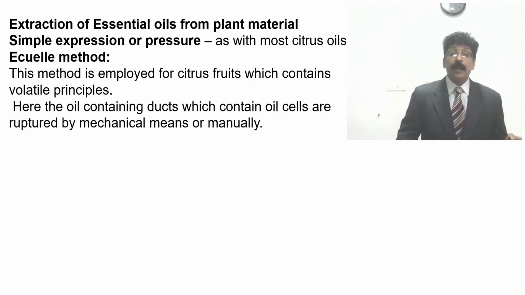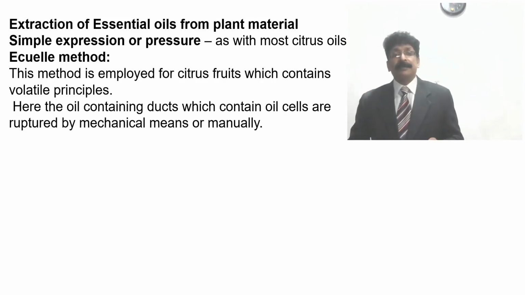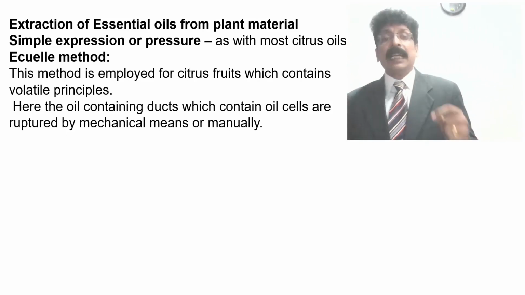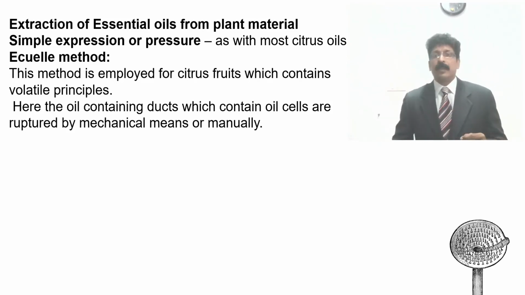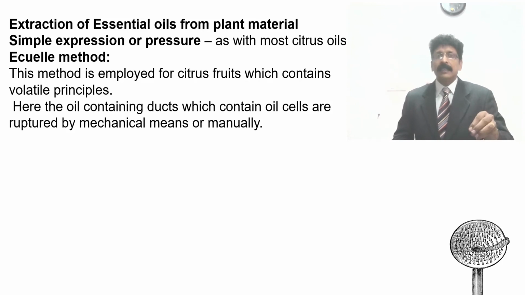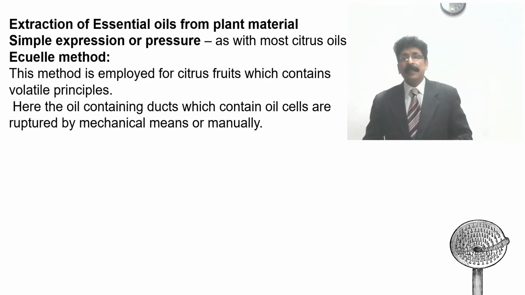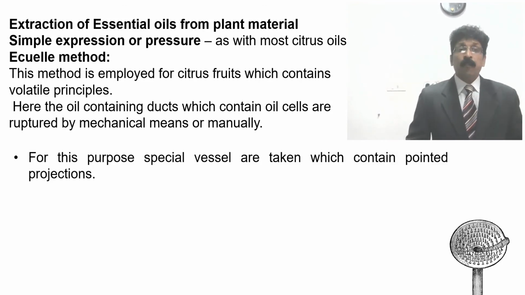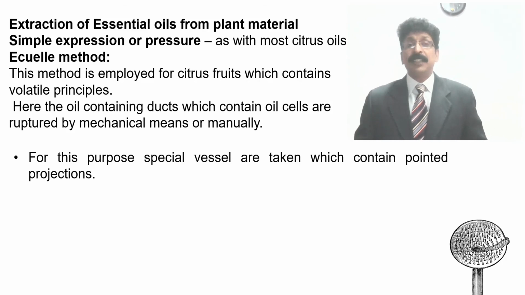Here the oil ducts which contain oil cells are ruptured by mechanical means or manually, by means of projecting point pins which open the ducts of the oil cells. For this purpose, special vessels with point projections are taken, as in the picture I have shown.